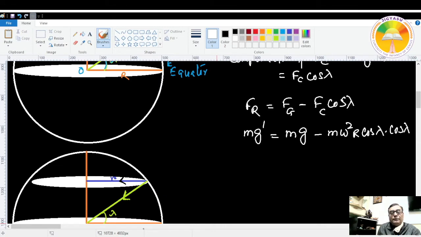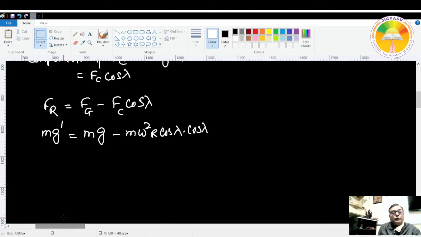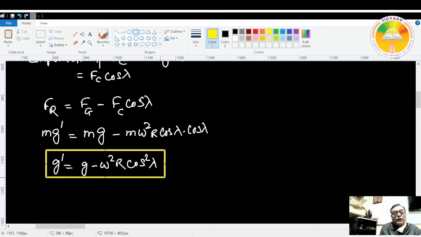So this is the way. Now, if we take m common and cancel it out, we will be left with g dash equals g minus omega square R cos square lambda. So this is the desired expression. This is the effect of rotation on acceleration due to gravity.